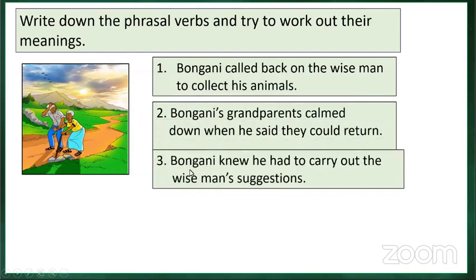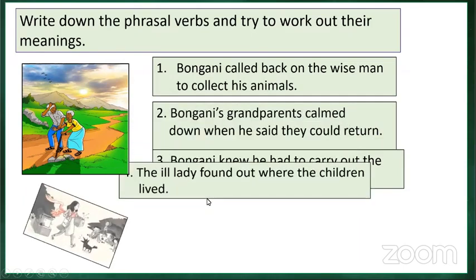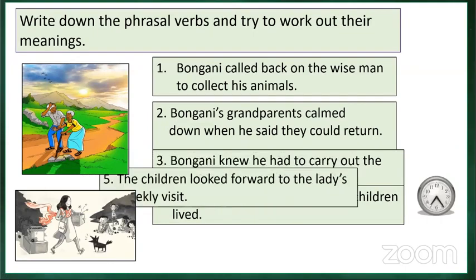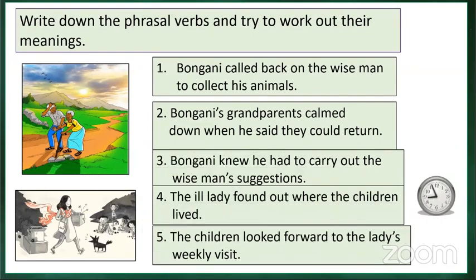Number 3, Bongani knew he had to carry out the wise man's suggestions. Number 4, the ill lady found out where the children lived. And number 5, the children looked forward to the lady's weekly visit. So write down the words that you think are the phrasal verbs. I'll give you a minute to do that.